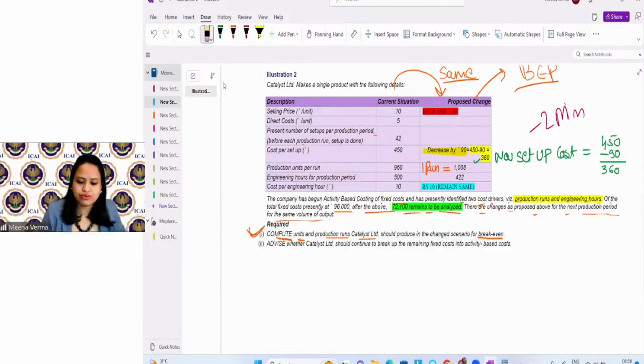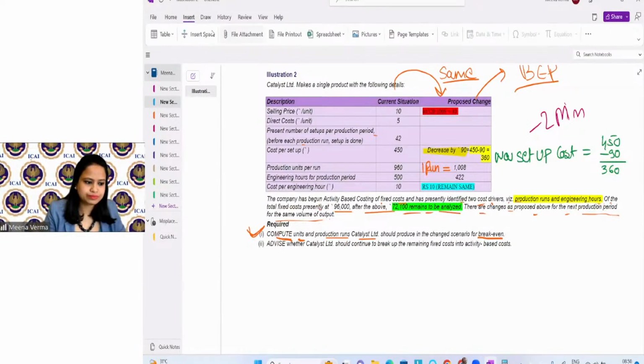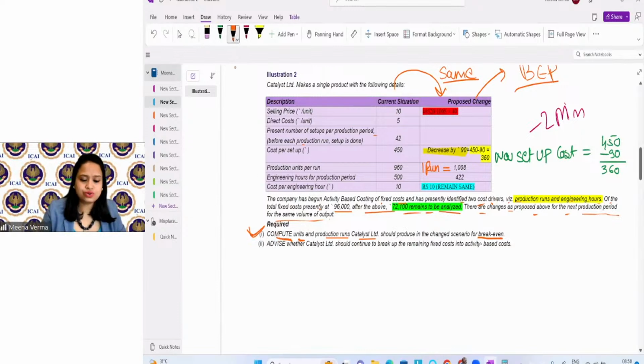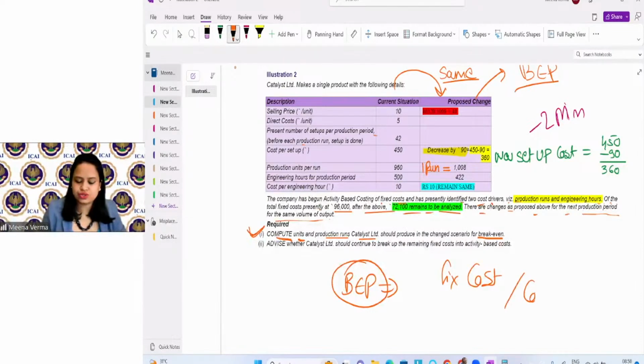Now what do we have to find? We have to find out the break-even point. Now let's see how we can find it. For finding the break-even point, we need two things: fixed cost and contribution.